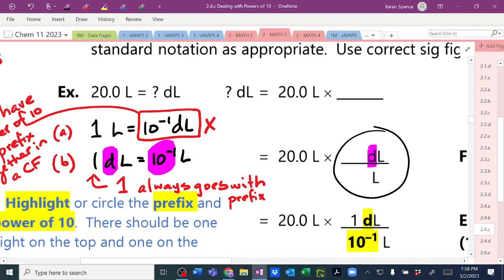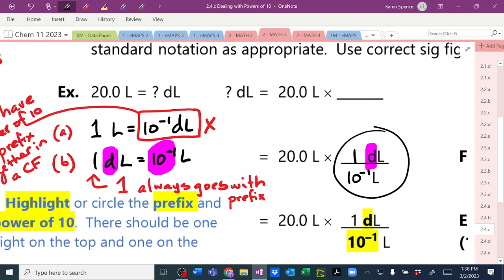Here we have a prefix. What should always go with the prefix? 1 should always go with the prefix. And that means your power of 10 should go with the plain unit. So that means your 10 to the -1 is going to go here.